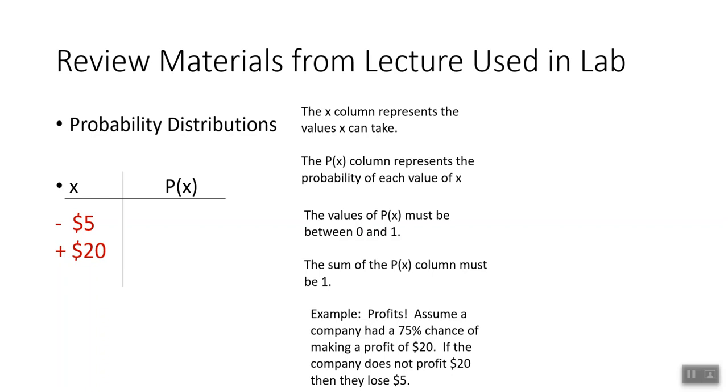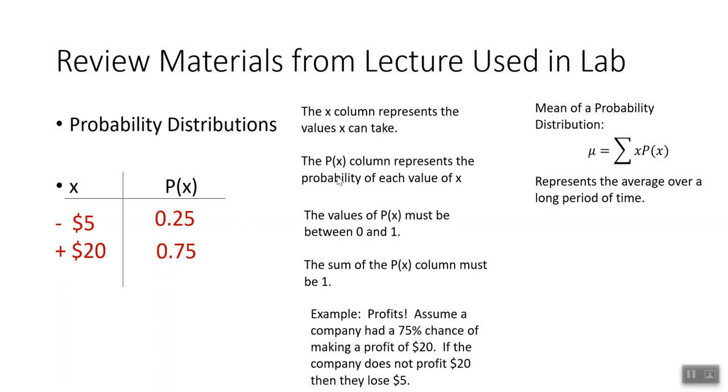So the outcomes for the company's profits are either minus $5 or adding $20. And then you would just list the probabilities. The likelihood of profiting $20 is 0.75 because it had a 75% chance. The other one must be 0.25 because remember this column must sum to 1.